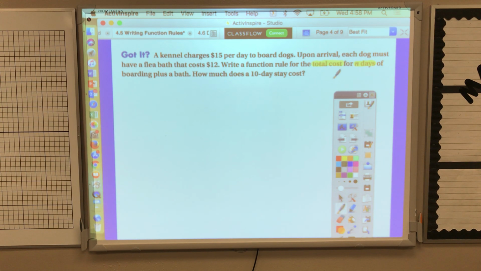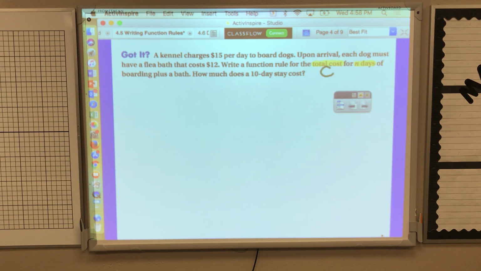They again didn't give me a variable for this total cost, but I'm going to choose C, and we need to decide which is input and which is output. Does the number of days depend on the cost, or is the cost determined by the number of days? The number of days determines the cost, so the cost is our output.